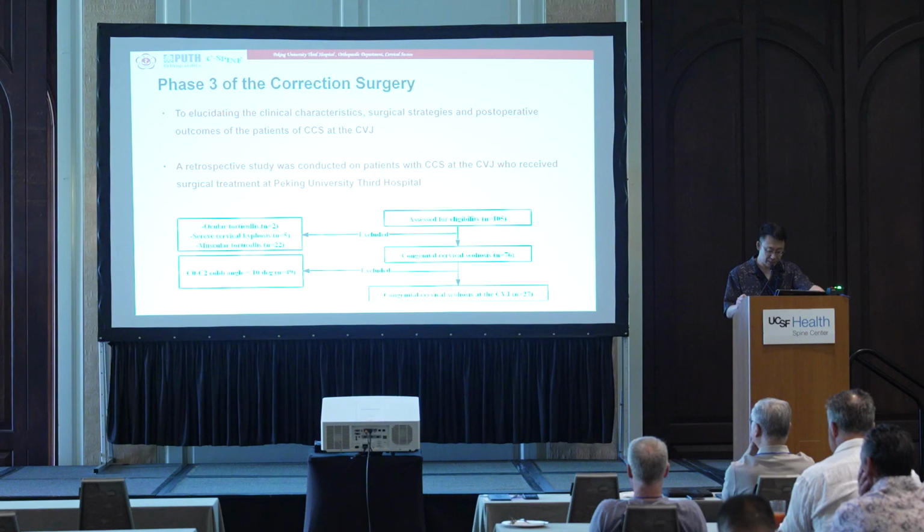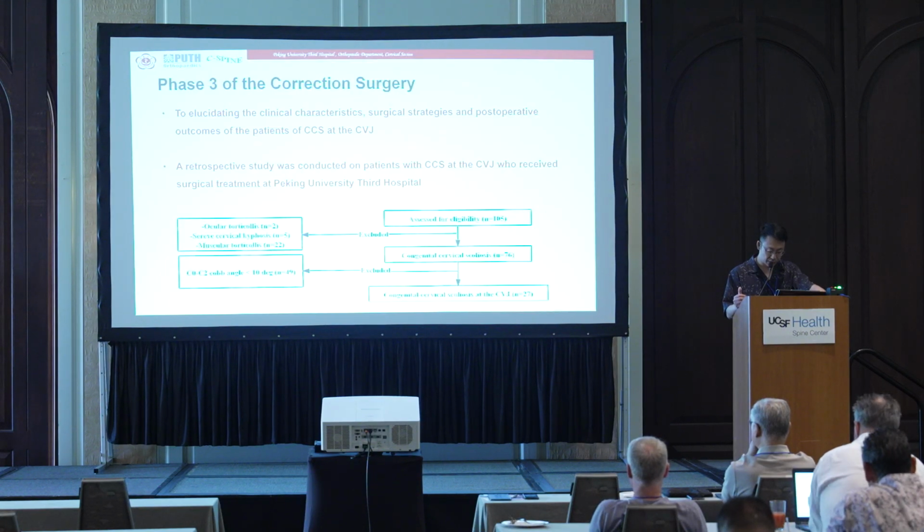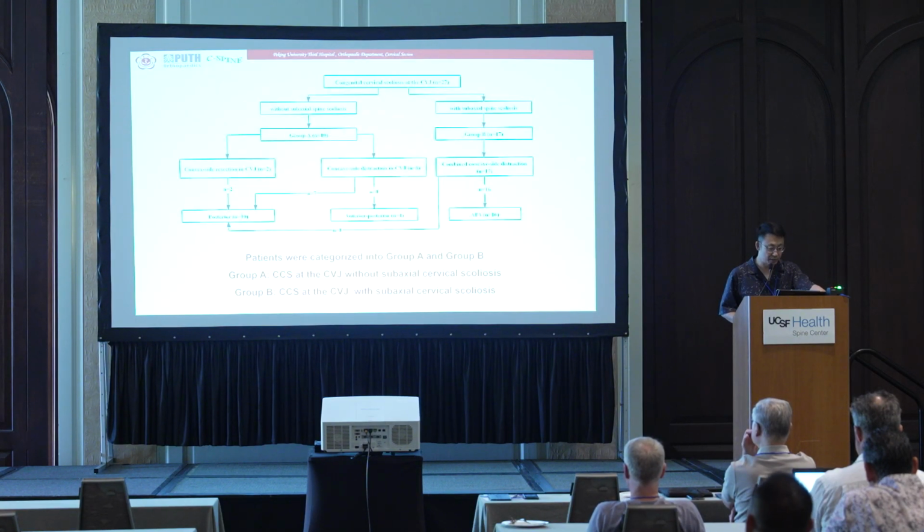The CCS at the CVJ region is extremely rare, so we applied strict inclusion and exclusion criteria, excluding cases of ocular torticollis, muscular torticollis, and other causes. Finally, a total of 27 surgical patients were enrolled in this study.